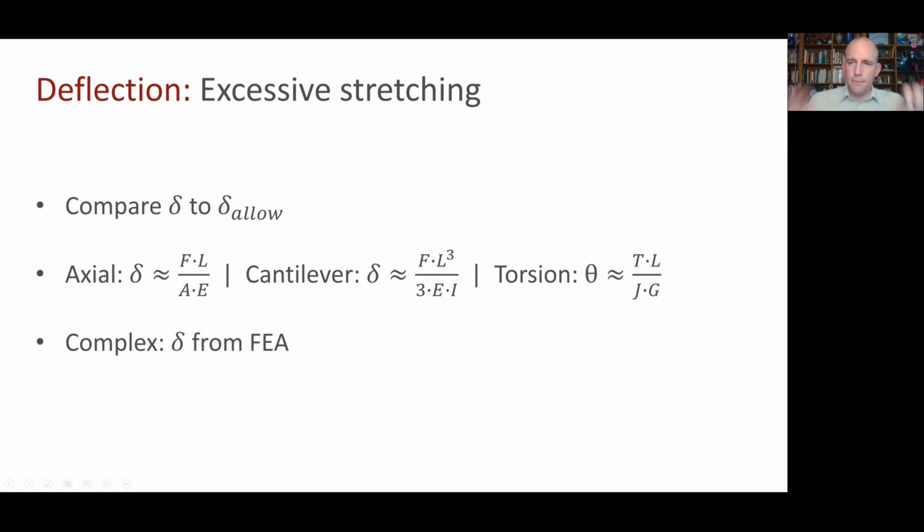And for a tube or anything else under torsion, we have the torque times the length divided by the polar moment of inertia of the cross-section times the shear modulus, which is another material property very similar to the elastic modulus. And if we have a complex system with weird deformations, we can calculate those in finite element analysis.